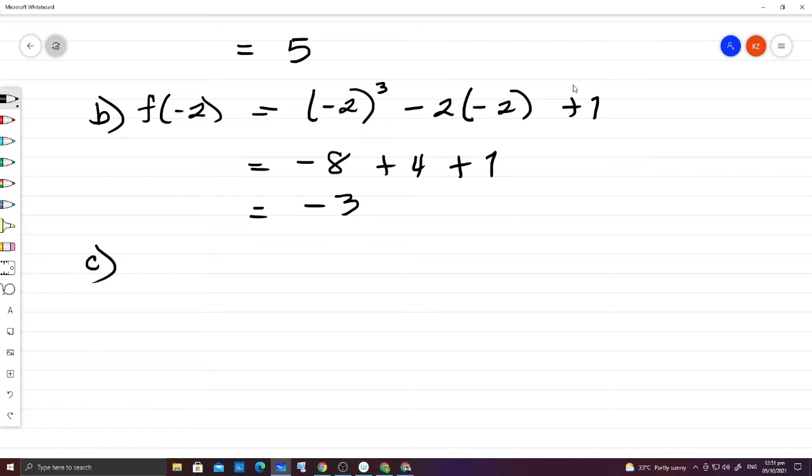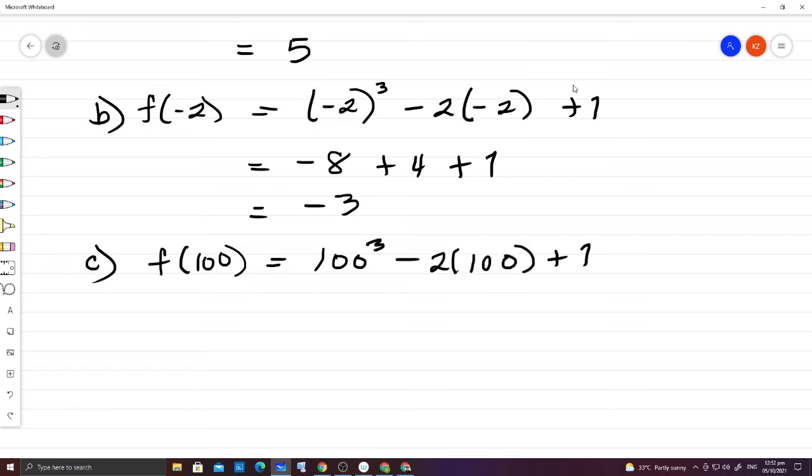Next, f of 100. Supawadi. Yes, Mr. What's 100 to the power of 3, minus 2 times 100, plus 1?